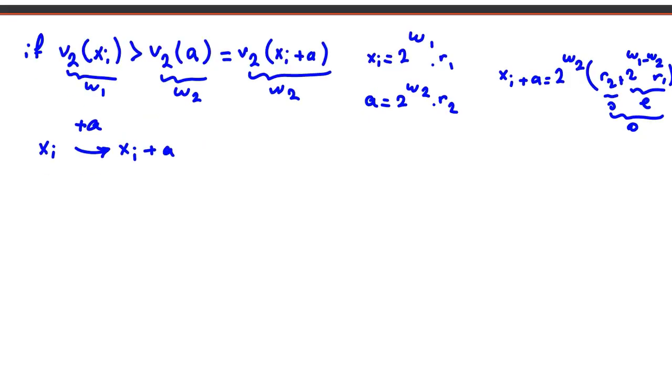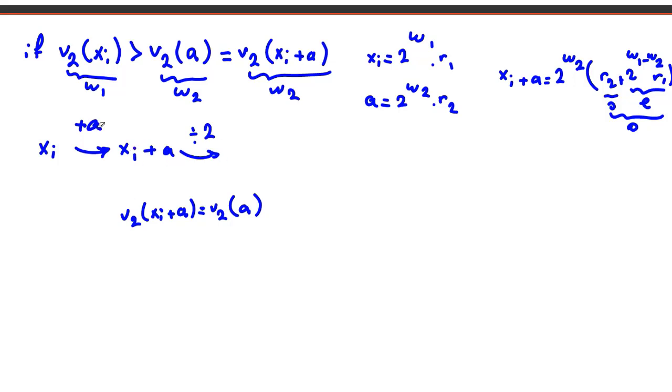Suppose at first the number we start with is this, and v2 of xi is greater than this. Alice adds a. Now we know v2 of xi plus a equals v2 of a. If she does this here, then Bob can divide by 2, and then it will be bad, because v2 of that will be less than v2 of a.